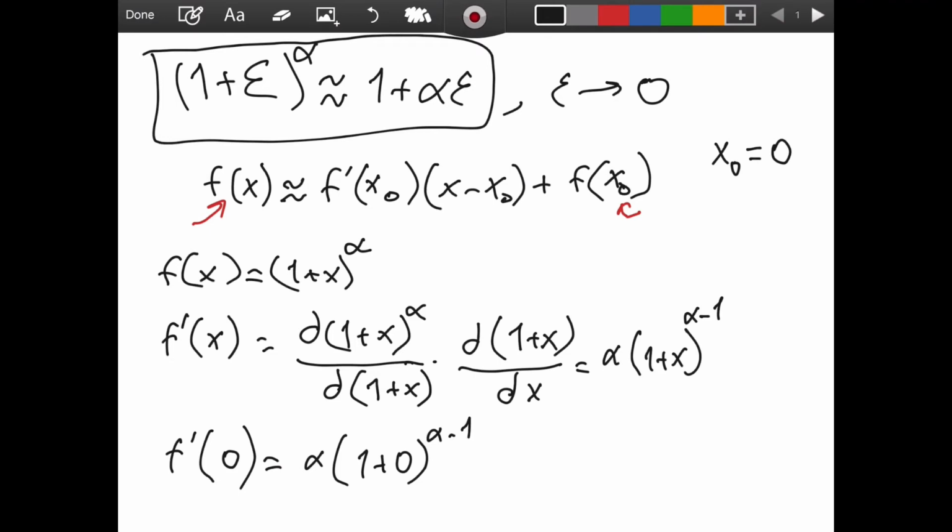This is how we do it. Looking at this, the inside will give you 1, so you have alpha times 1 raised to the power of alpha minus 1. 1 to any power is 1, so we have alpha times 1, and 1 times any number will give you the number itself, so we have alpha.